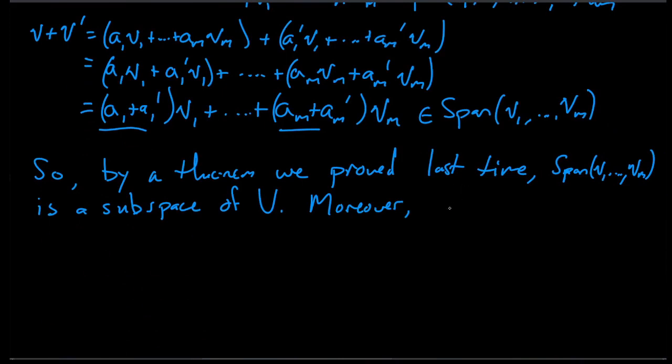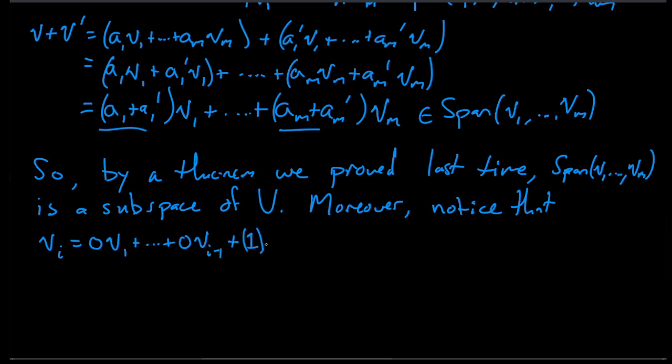Moreover, notice that I will write this way: vi is equal to 0 v1 plus dot dot dot 0 v(i minus 1) plus 1 times vi plus 0 times v(i plus 1) plus dot dot dot up to 0 times vm.